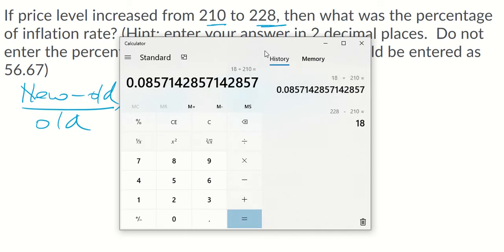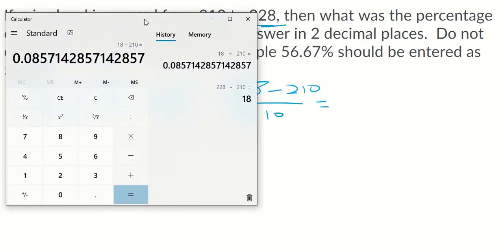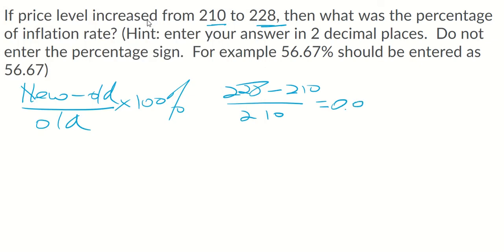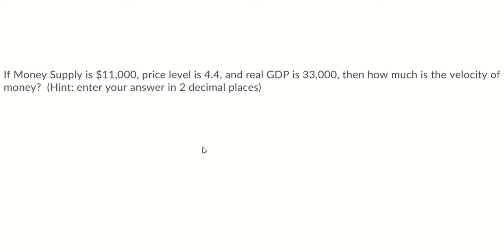So that's 0.0857. Then 0.0857 times 100% is 8.57% inflation. Okay, so that's how you do that. Just use your new number minus old number divided by old number and then make sure you multiply by 100%. All right, so next question.